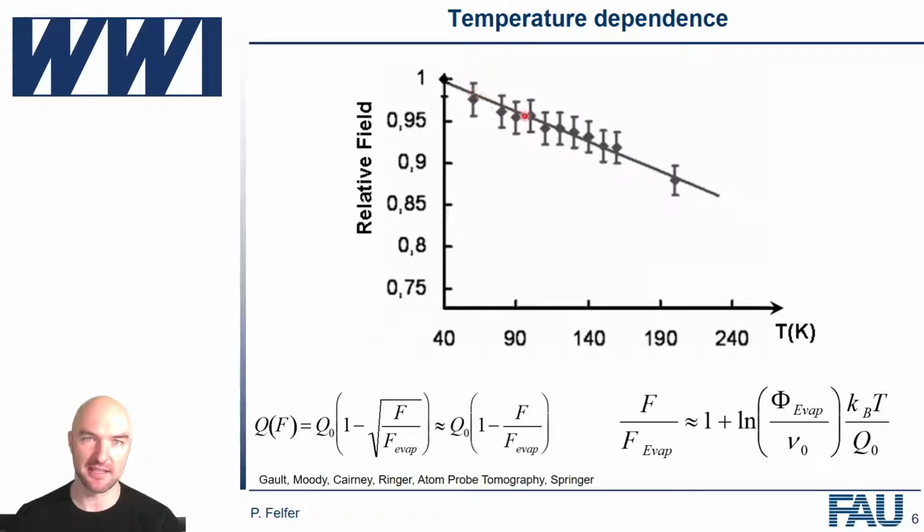And you can see that at 90 Kelvin, we already have a much lower field, and at 190 Kelvin, even lower than that. And this is, I'm fairly sure, for tungsten. If this was aluminium, this would go down much more rapidly. Or gallium or something, with very low evaporation field.